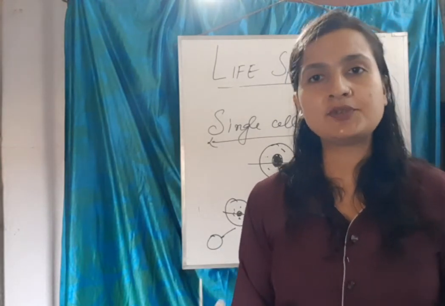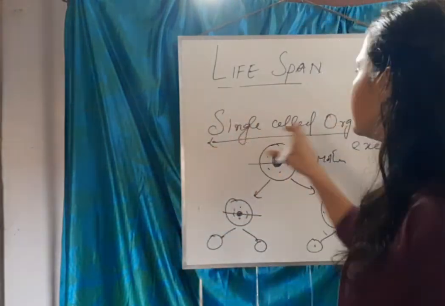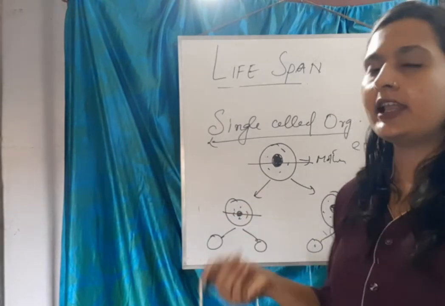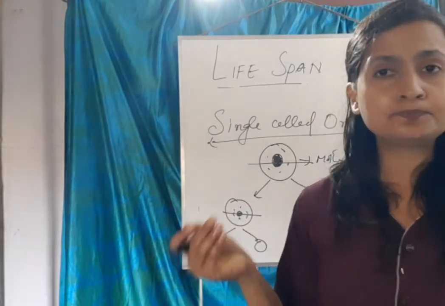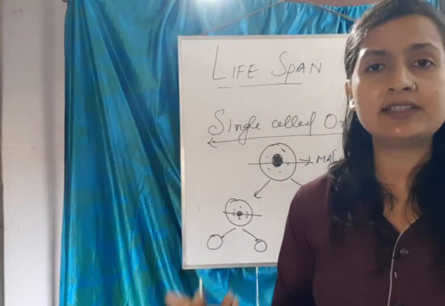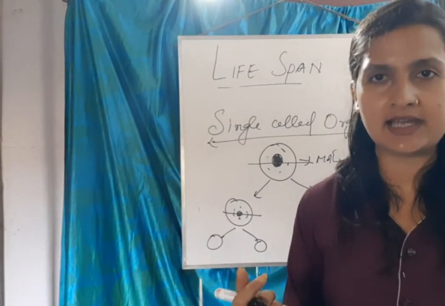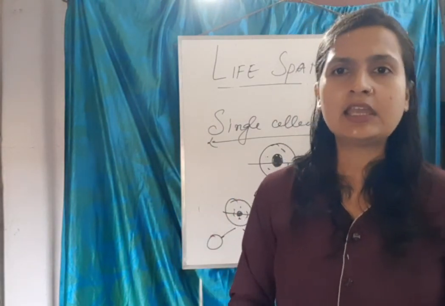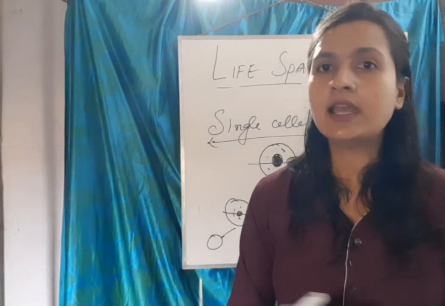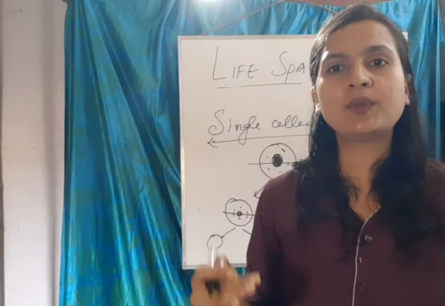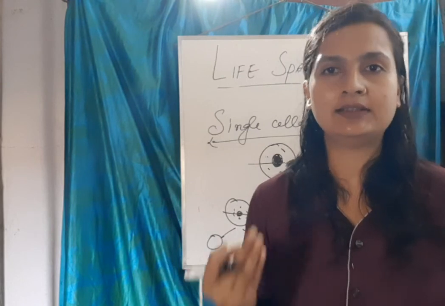And one exception we learned is that single cell organisms never die. If you give antibiotics or any type of chemical, then definitely they will die. But we are talking about natural death. If a person dies due to an accident, that is not considered natural death.